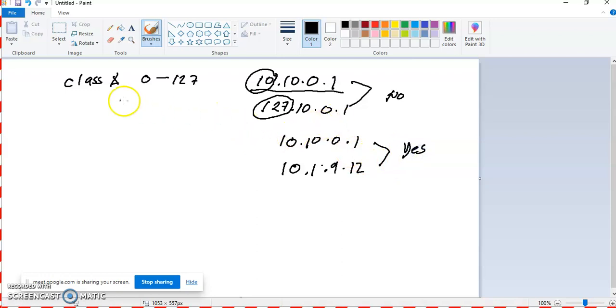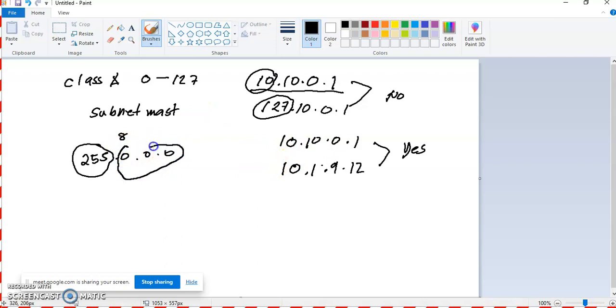Because for a class A, okay, the subnet mask is 8. Diba? So, meaning, nakay 255.0.0.0. So, pasabot, ang 255 na mao ni ang network devices nimo. Okay? Network devices nimo. Tapos, kini siya, mao ni ang makiter niyang host.